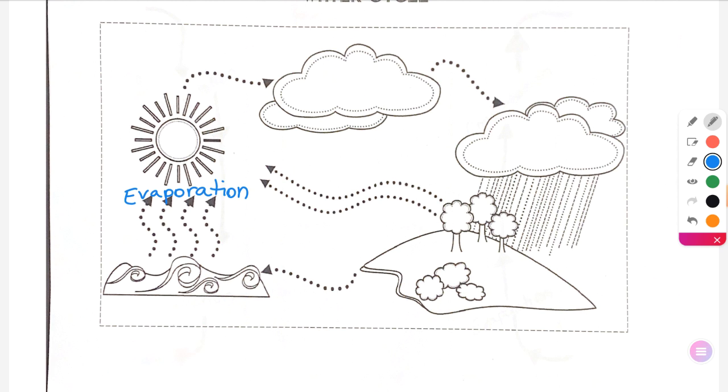Does anybody know, and this isn't even on this foldable, what we can call the ocean in the water cycle? Evaporation? No, evaporation is the water going up into the sky. What's condensation? We're getting there.